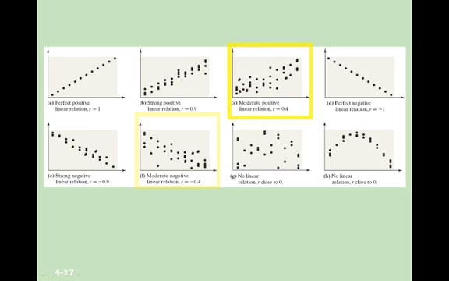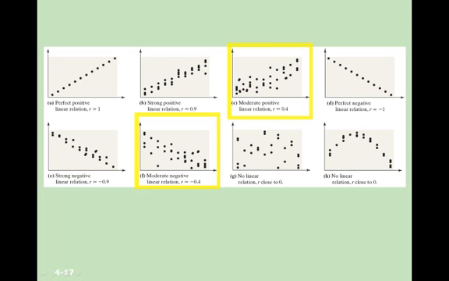For C and F, we notice that both of those values are just under the halfway mark. In C, r is approximately 0.4. In F, it's approximately -0.4. The sign simply determines the slant of the line.